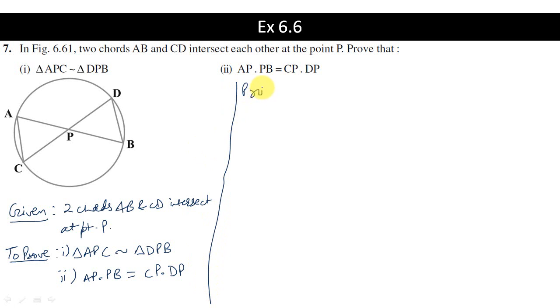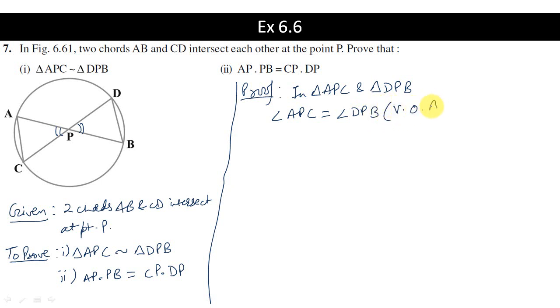Proof. So in triangle APC and triangle DPB, we have angle APC is equal to angle DPB because both of them are vertically opposite angles. Okay, and this angle A is equal to angle D because these are angles in the same segment.